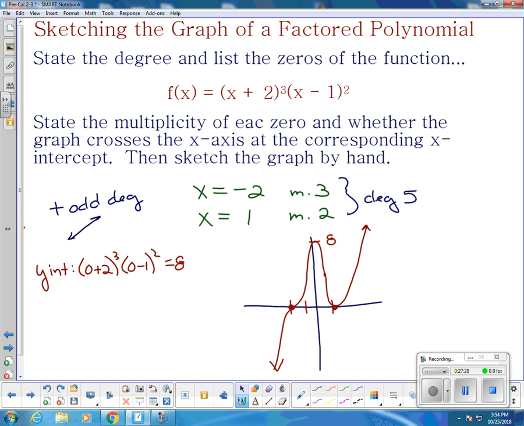So that's our graph. A very rough sketch, but it includes the y-intercept, the x-intercepts, and it includes any turning points it has. Okay? And shows multiplicities. So let's try another one.